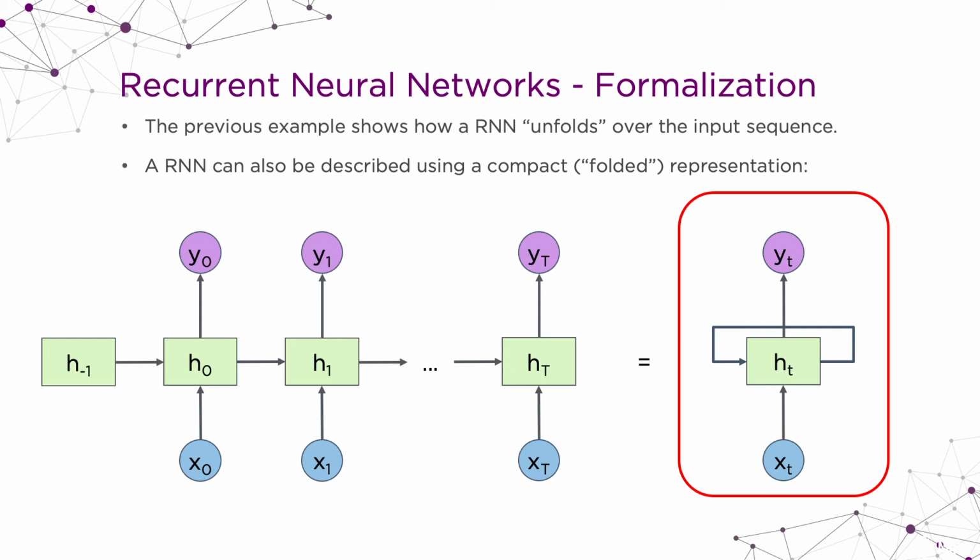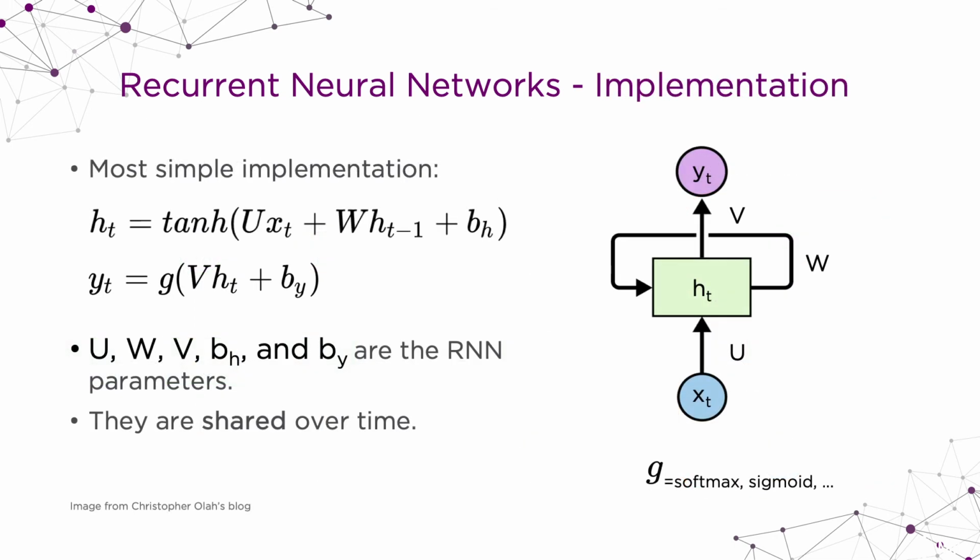So now that we have this generic representation, we can present the equations that govern the RNN. The first thing is that we said that we have two operations, and in fact, you see two equations here.